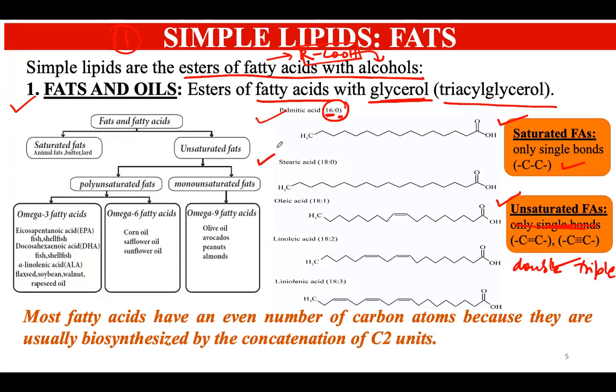Then we have another example, stearic acid, with 18 carbons and 0 double bonds, so this is also a saturated fatty acid. In terms of unsaturated fatty acids, we have examples such as oleic acid, linoleic acid, and linolenic acid. We have other examples written here on the screen as well.